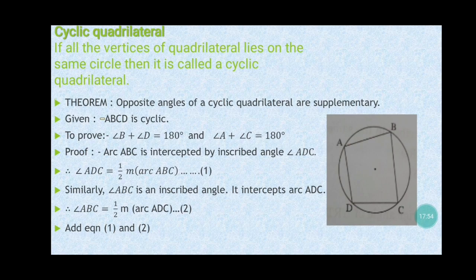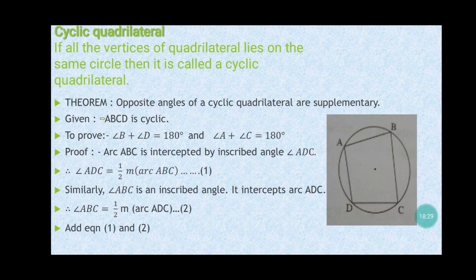So by the inscribed angle theorem, the measure of angle ADC will be equal to half the measure of arc ABC. Similarly, angle ABC is an inscribed angle. It intercepts arc ADC. So by the inscribed angle theorem, angle ABC will be equal to half the measure of arc ADC.